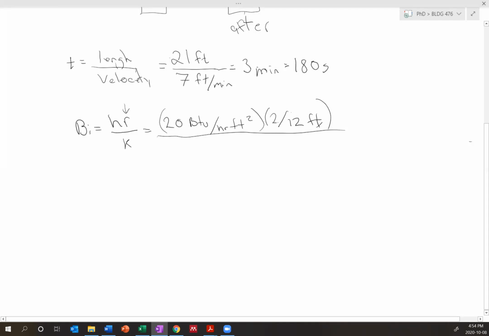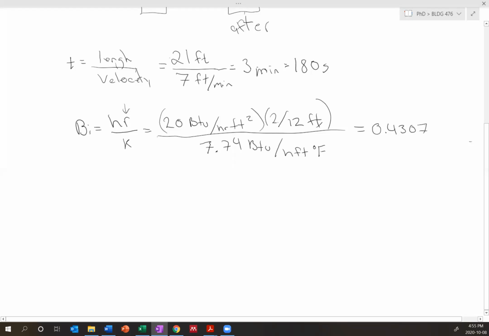That's where this 12 comes from, because we're dealing with imperial. And this will give us 0.4307, say.